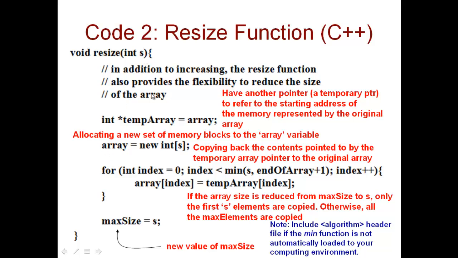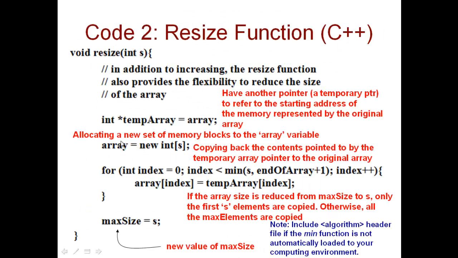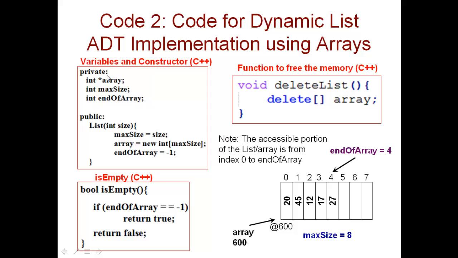Right now the only way we can access this array block of memory is using this array member variable, which is part of the list class. I have a member variable called array, a pointer that has the base address.